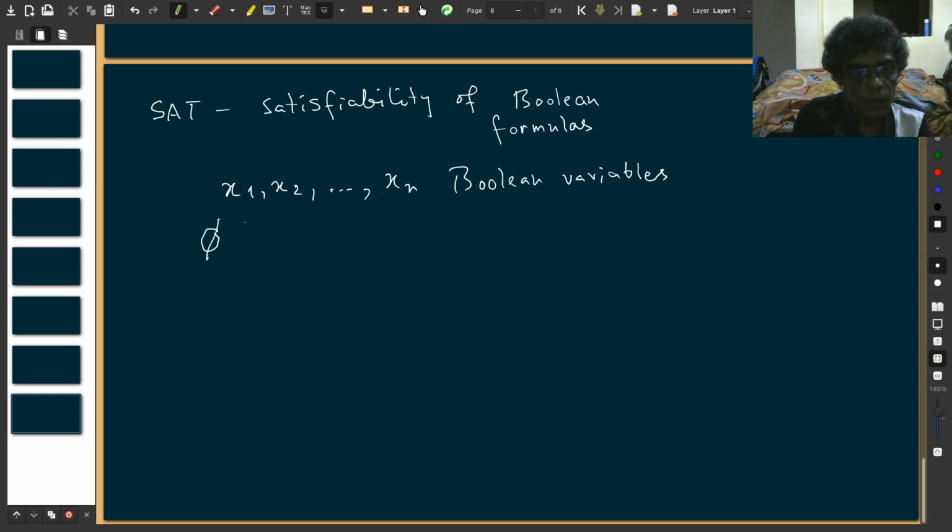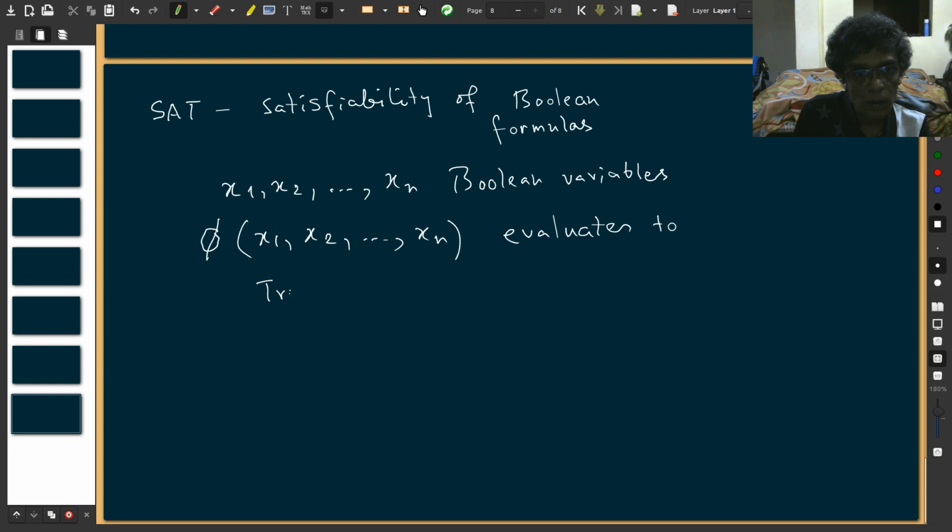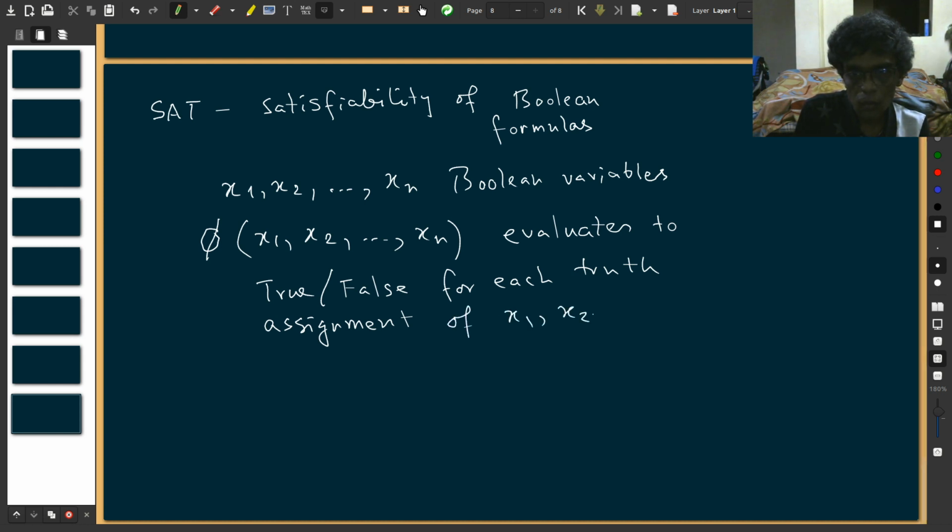And the Boolean formula written like this evaluates to either true or false, 0 or 1, for each truth assignment of the input variables x1, x2, ..., xn.